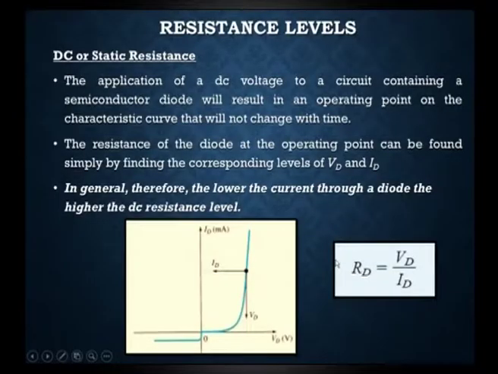To find the resistance we can rearrange it, so V by I gives the resistance, that is the DC or static resistance. We can also observe that the lower the current through a diode, the higher the DC resistance will be. RD is given by VD divided by ID. So, the lower the current through the diode, the higher the DC resistance level, because RD is inversely proportional to ID.